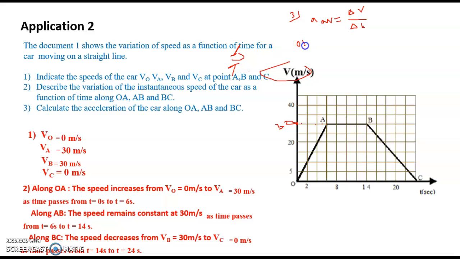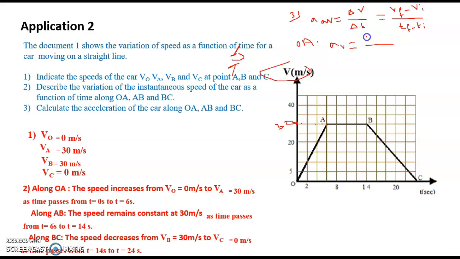For example, OA. A average, you can directly substitute. Here, continue, write the formula: V final minus V initial over T final minus T initial. So a average for OA is VA minus VO over TA minus TO.